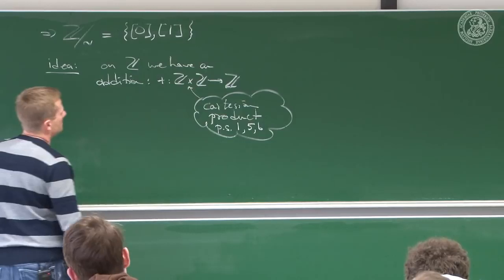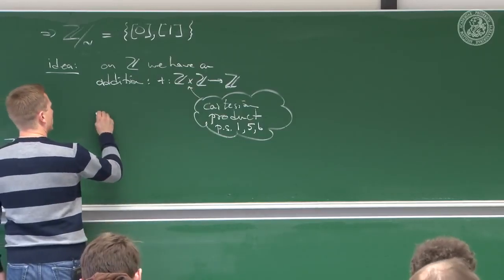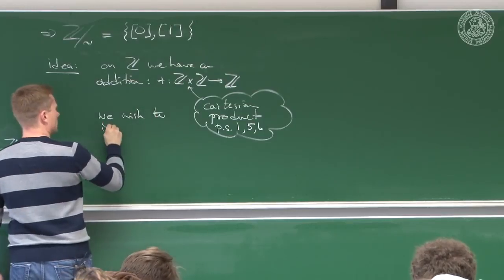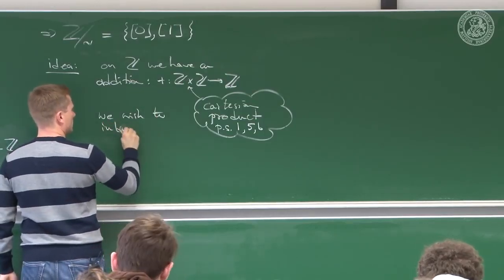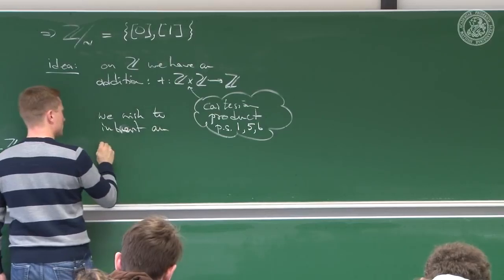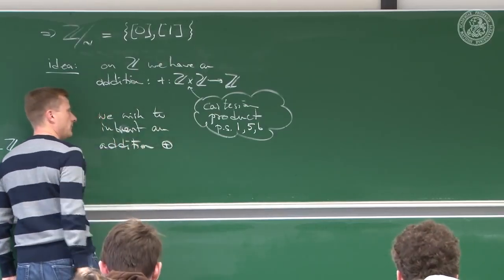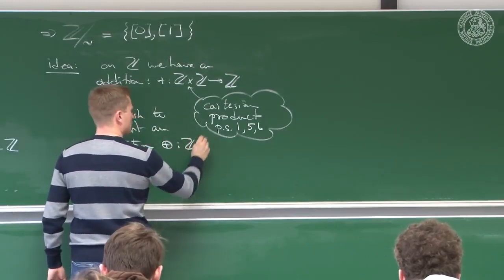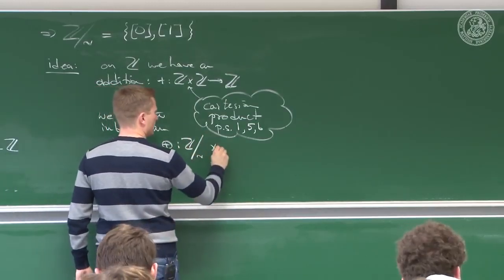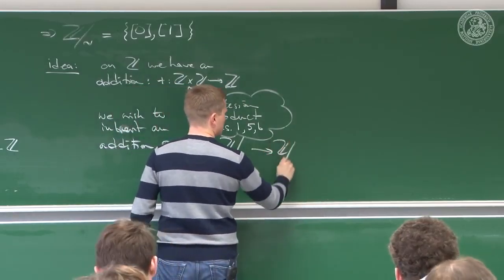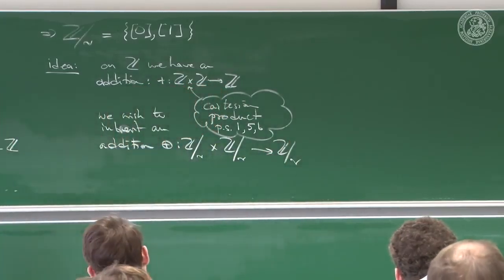On Z we have an addition, plus, and we wish to inherit an addition which deserves a different name, a different plus, and this addition is supposed to take two elements of the quotient space and return an element of the quotient space.